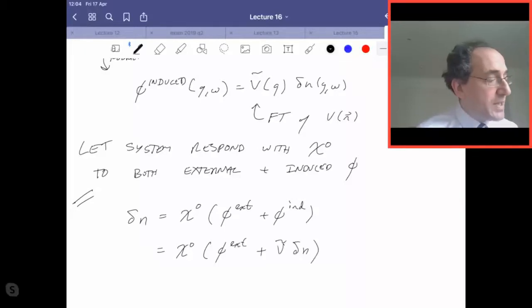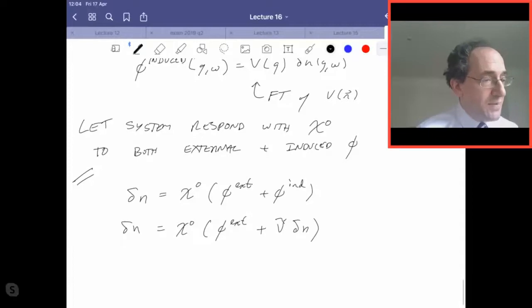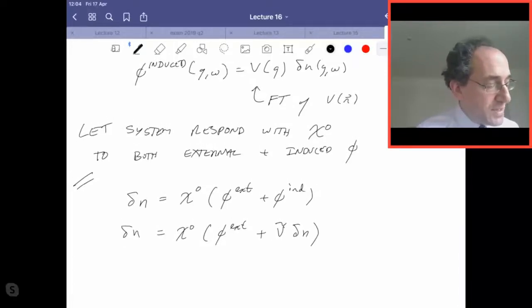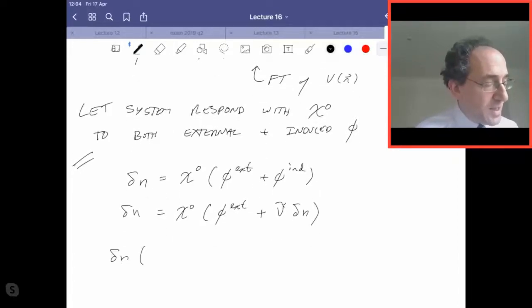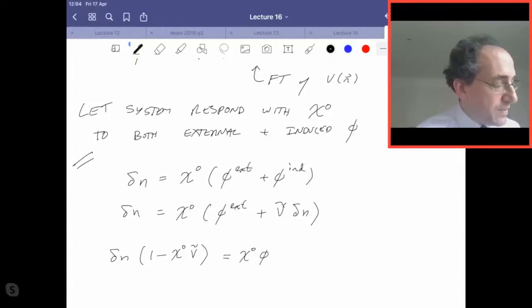And then we can solve this equation. Delta n equals chi naught times phi external plus v twiddle delta n. I'll move both delta n's to the other side: 1 minus chi naught v twiddle, times delta n, equals chi naught phi external.